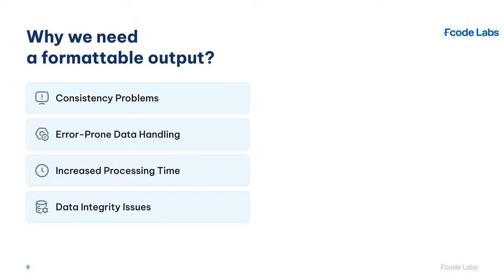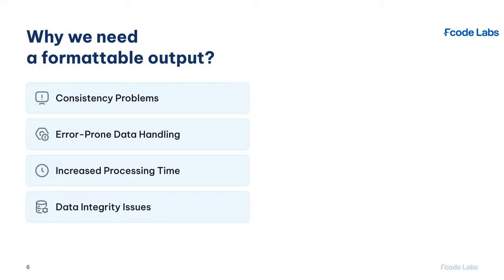It's going to be lots of if-else and switch statements. Such complex logic will ultimately give error-prone code, and such an algorithm is going to be very process heavy, and data integrity issues can also be there.